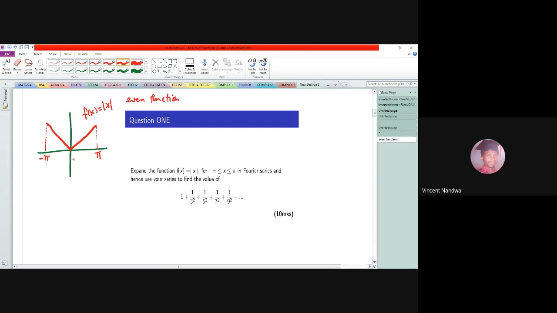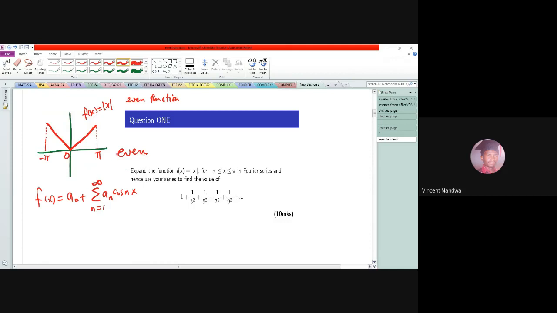So therefore to expand from minus pi to pi, knowing that the function is even, we get the Fourier series f of x given by a naught plus summation a n cosine of nx, with n running from 1 to infinity, because this function is even.